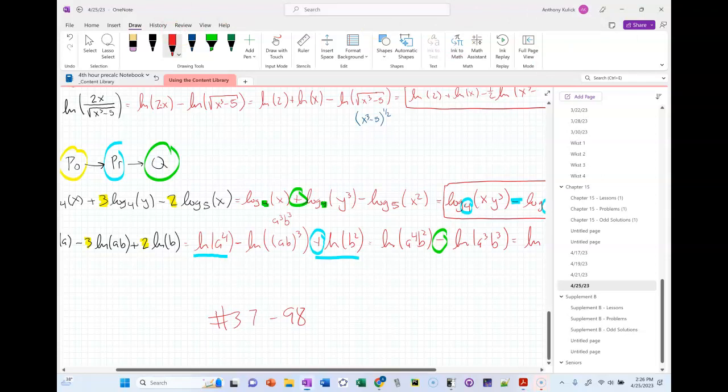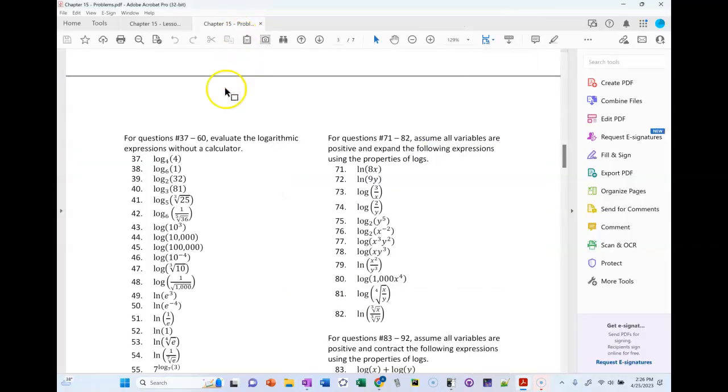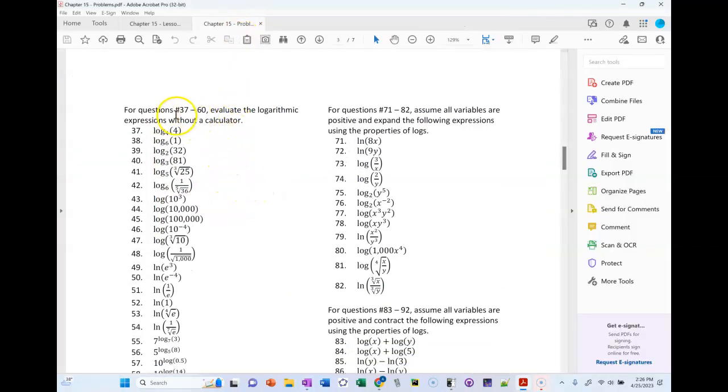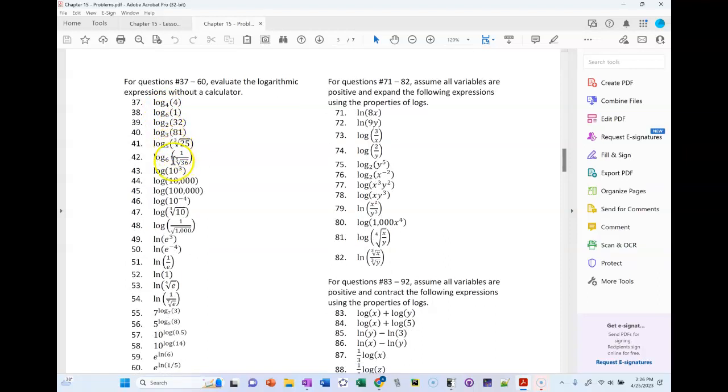Yeah. To 98 is the new addition to your problem set. I know you've already started complaining about how many numbers that is, but look at some of these problems. Look at 37 through 60. These are just examples of things that we've already done, right?